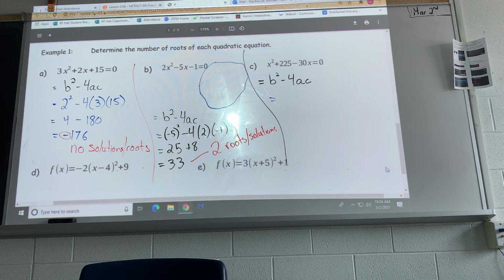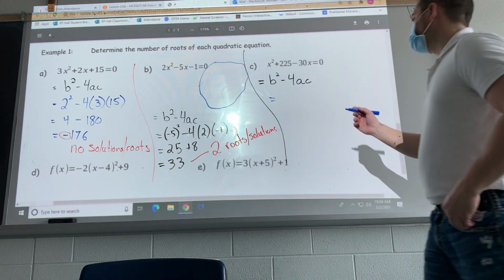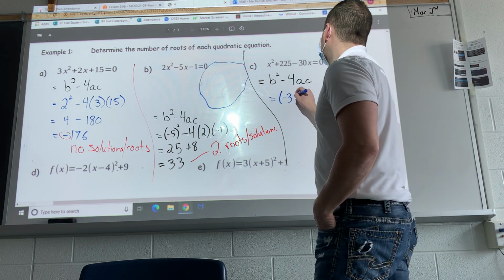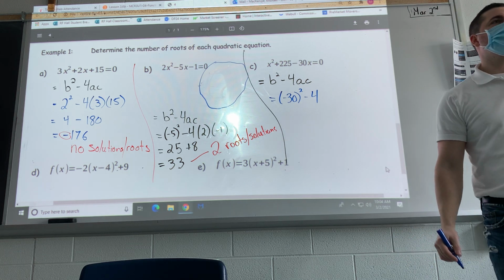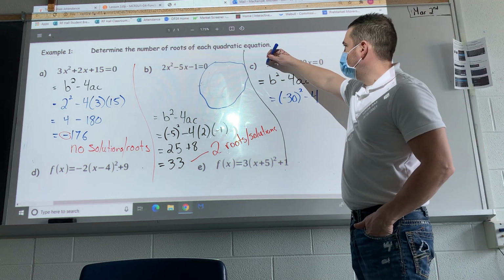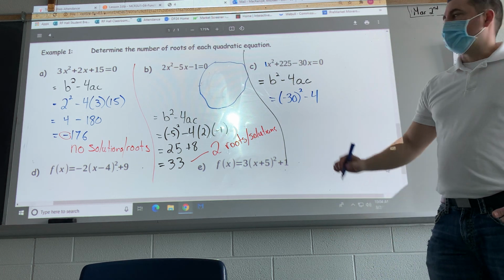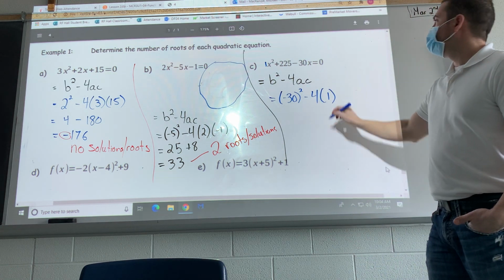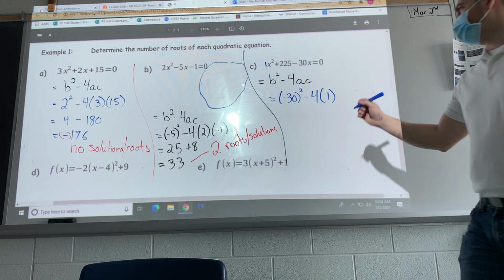What is our b value in this case? -30, good. So -30 squared. A value? It's 1. There isn't a number in front of the x, but it is 1. So our a value is 1. And our c value? 225. Good.